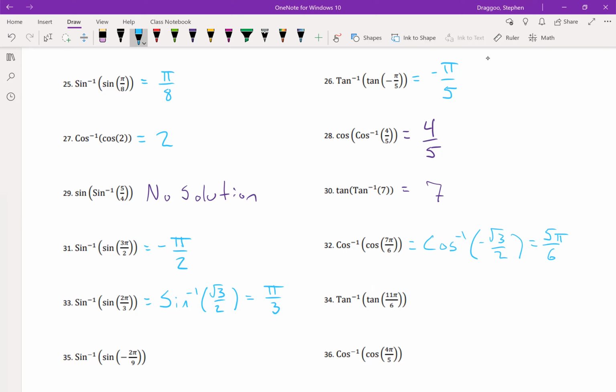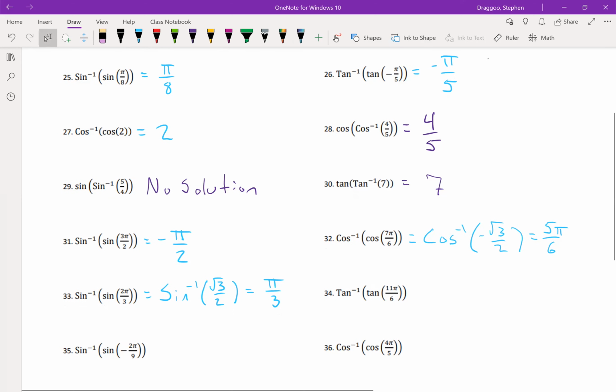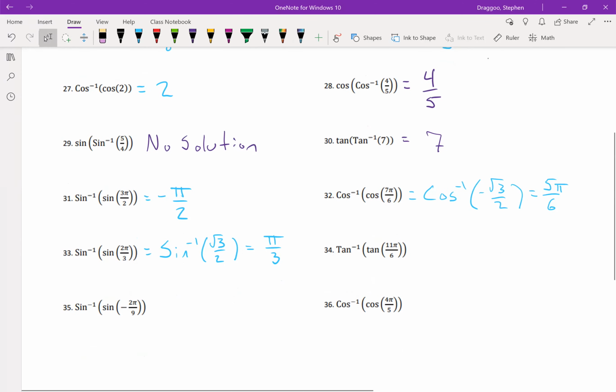So in 31, I still had a pi over 2 class of angle. 32, I still had a pi over 6 class of angle. 33, I still had a pi over 3 class of angle. I just needed to find one that fit the restriction. I needed to find one that was in the range of my inverse function. And we'll continue applying that idea for the last three problems as well.